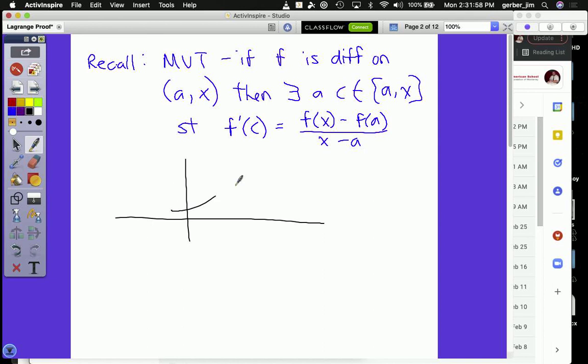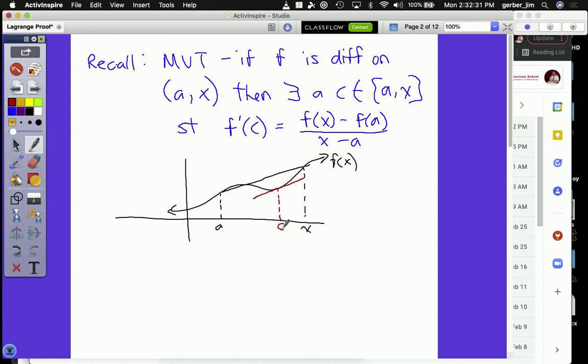If I have some function that looks like this, and I say that this is the function f at x, and then I get the slope of the secant line from a to x, then somewhere there's going to be a point with the same slope, and that value I'm going to call c. Okay? That's just the mean value theorem.